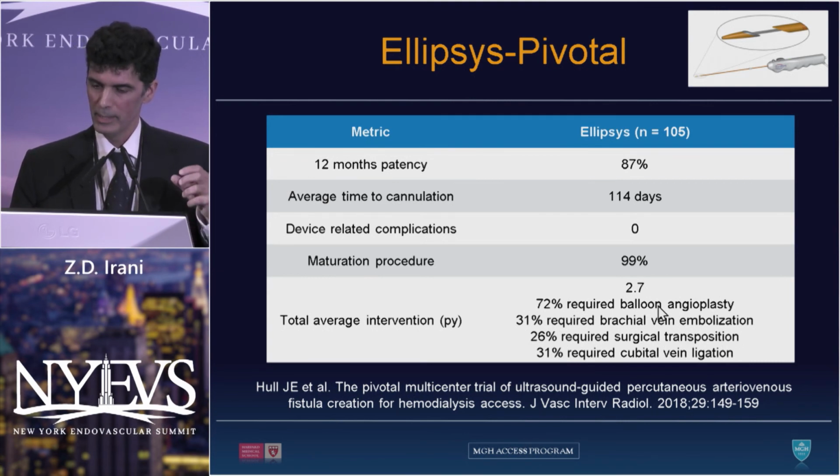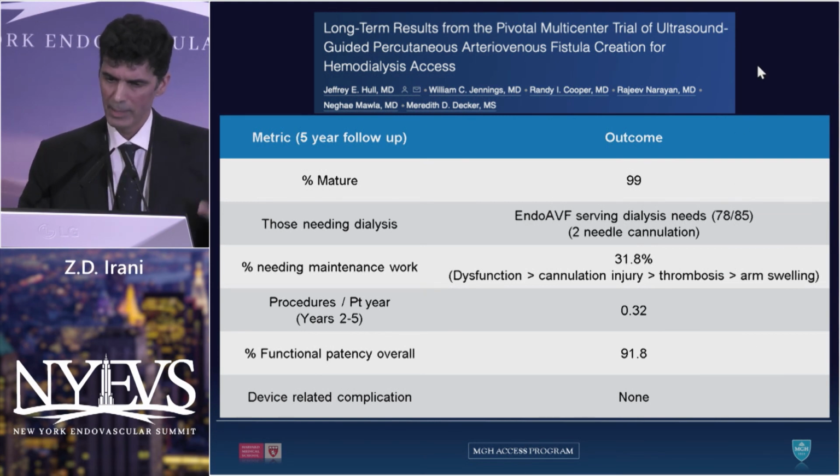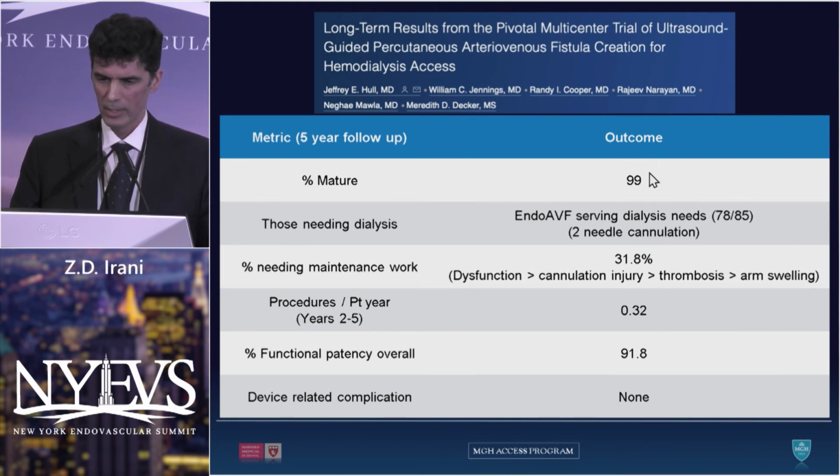And most of these cases needed balloon dilation of the perforator vein to augment the flow to get the veins to mature. And so much so that towards the end of the study, they incorporated the balloon dilation as part of the initial procedure itself. So just recently this year, they published the same cohort, followed out for 5 years, and all the outcomes were reported. And again, 99% of the fistulas were mature.